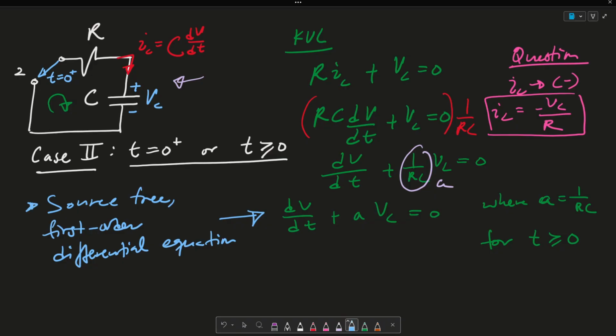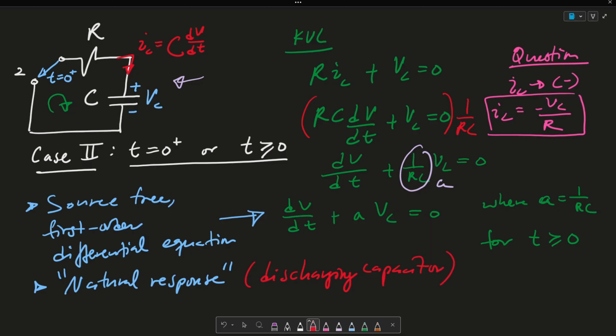The solution to this source-free first order differential equation is what you consider to be the natural response. This natural response is a very common term that a lot of people will use. But the natural response is basically the discharging of a capacitor. So how will the capacitor's voltage respond when you disconnect the source voltage from it?